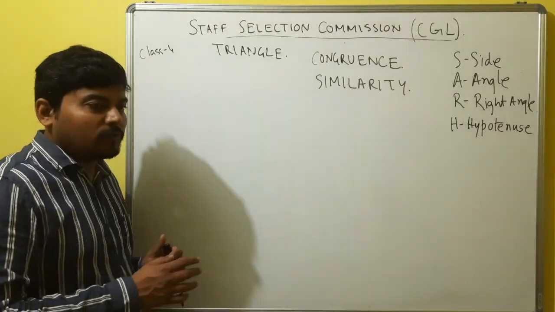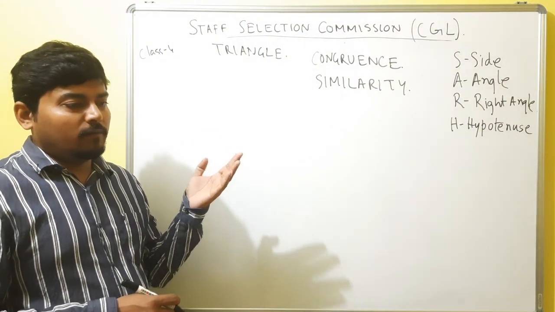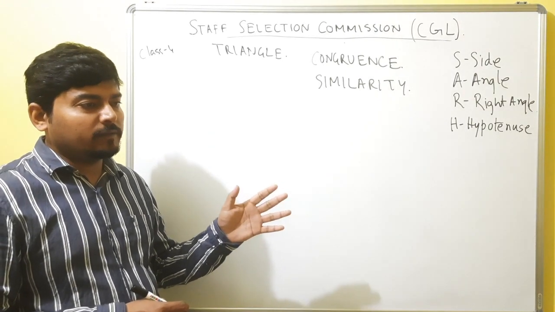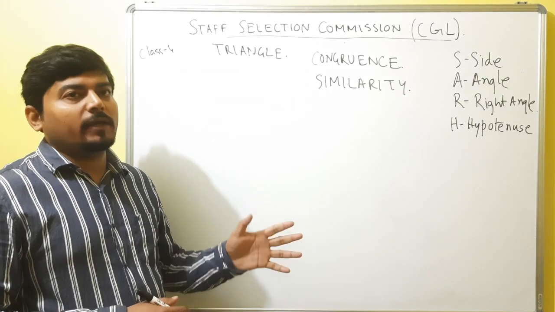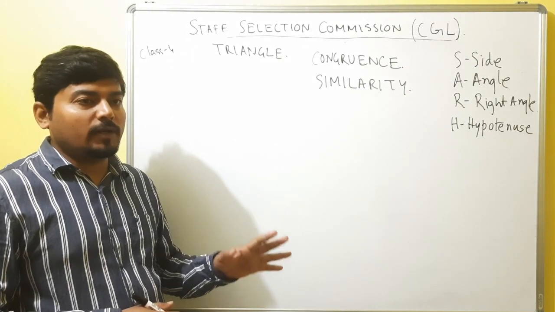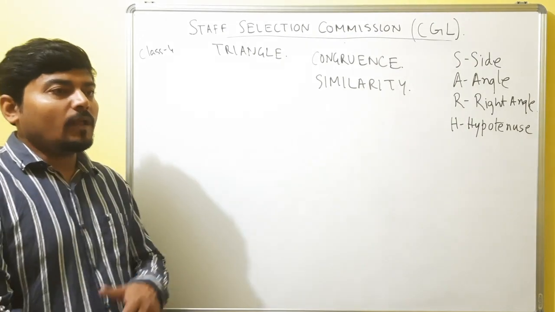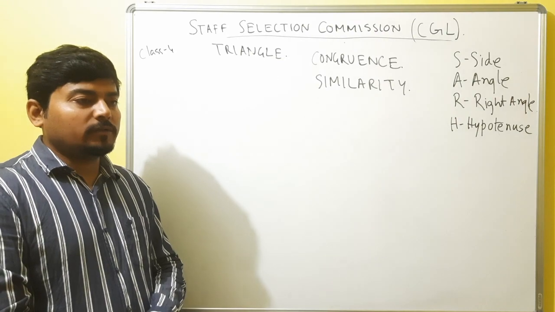Before that, just to reiterate what we have learned so far: what a point is, what a line is, what a straight line is, what a plane is, what an angle is, and the different kinds of angles based on different parameters, like their sizes and their positions.